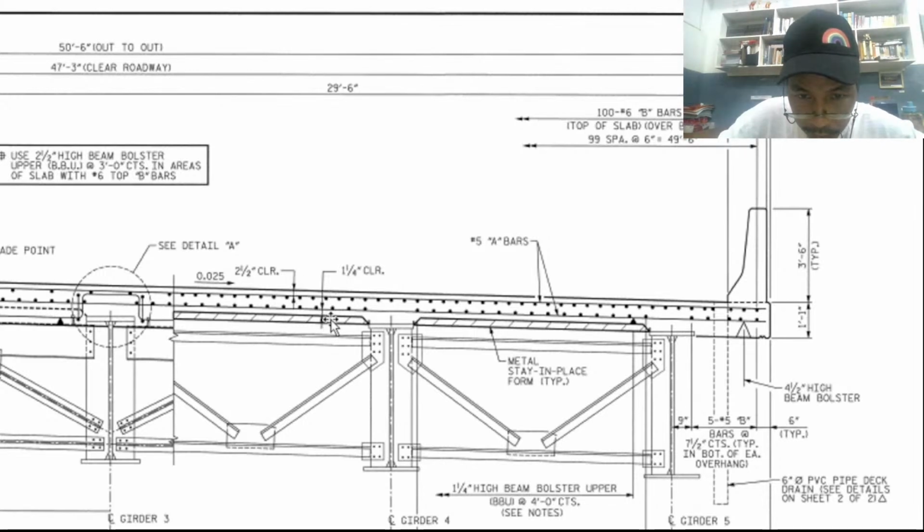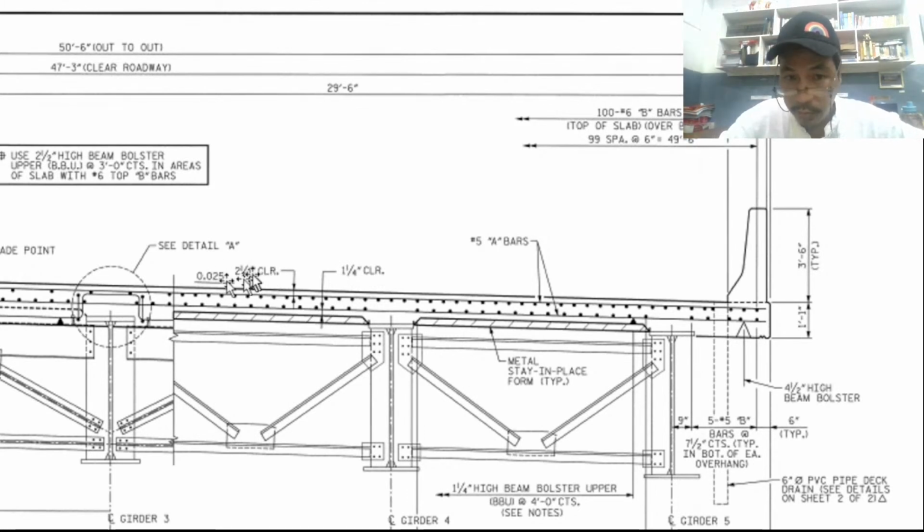So we have this dimension 1 and 1/4 inch concrete cover at the bottom. So at the top we have 40 mm concrete cover. This is not 40. 2 is 50 and 1/2 is 12. So 62. 62 mm.